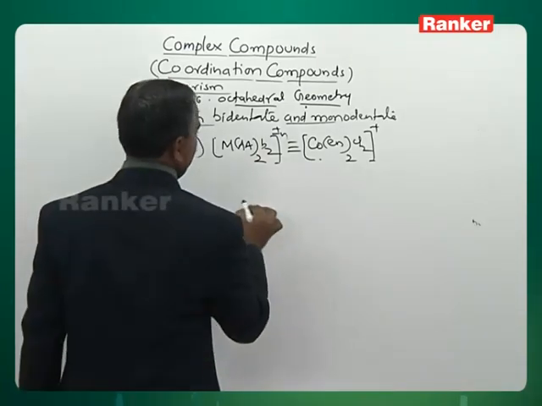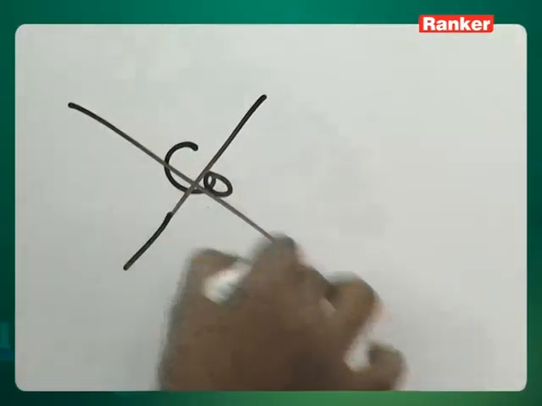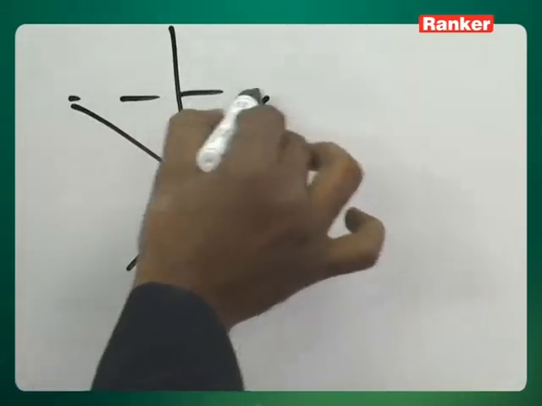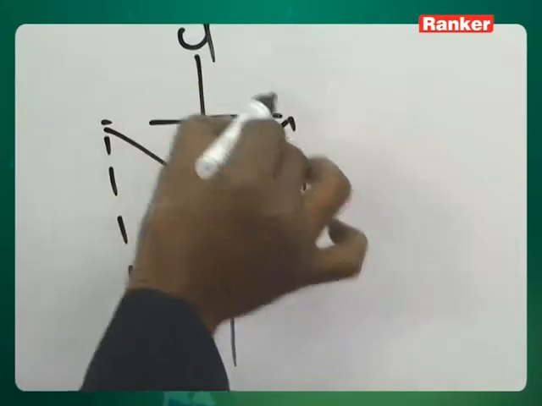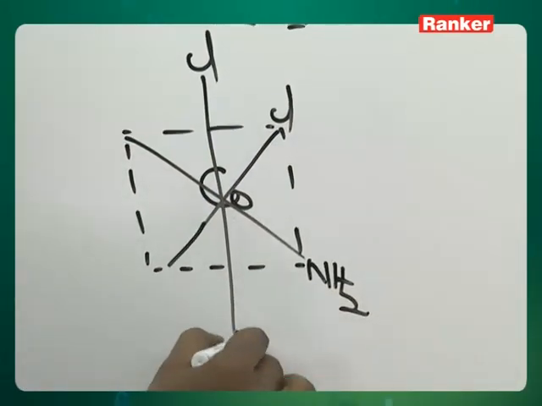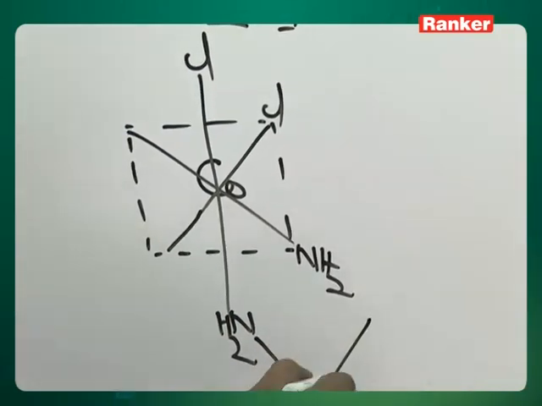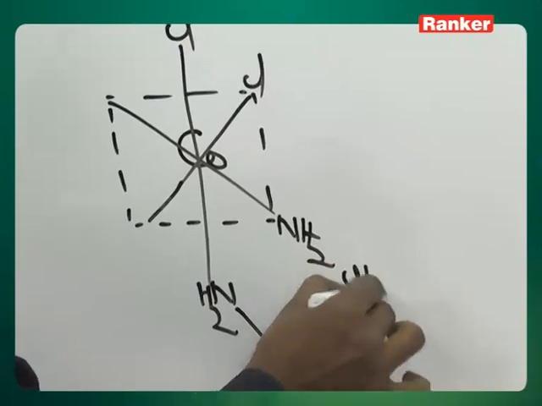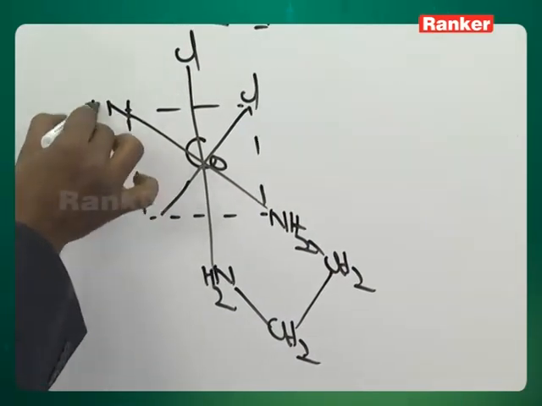Let us write only cis isomer of Co, one ethylenediamine, second one.